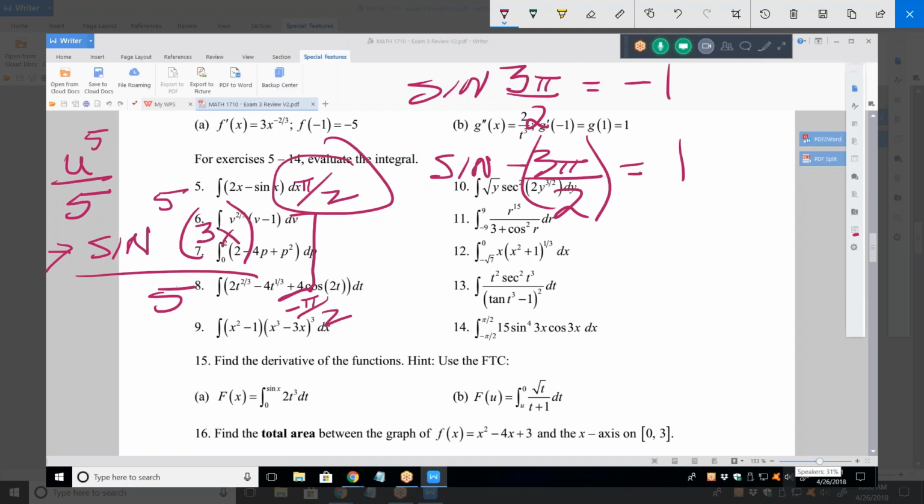So let's do the evaluation. We've got the sine of 3 pi over 2, which is minus 1, to the 5th power. That gives you minus 1/5. That's the top evaluated. Now we subtract out evaluating it at minus pi over 2. Well, that's plus 1/5.